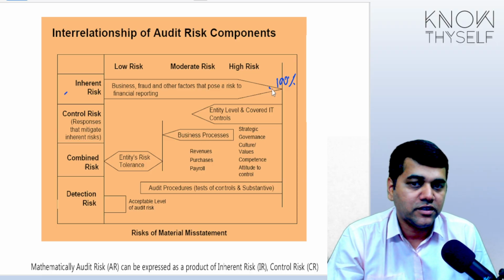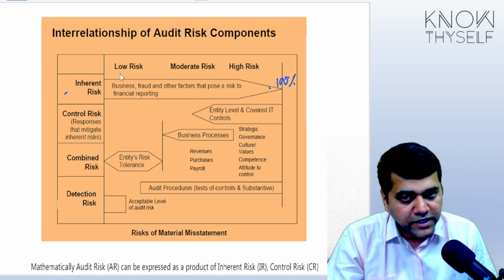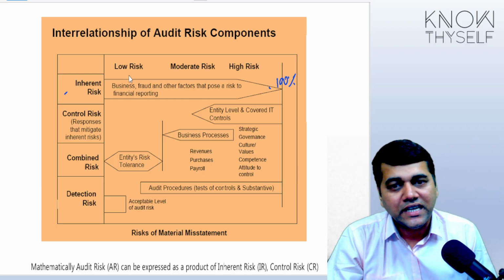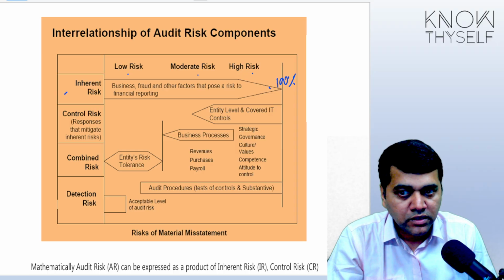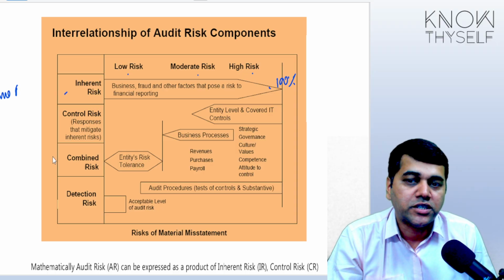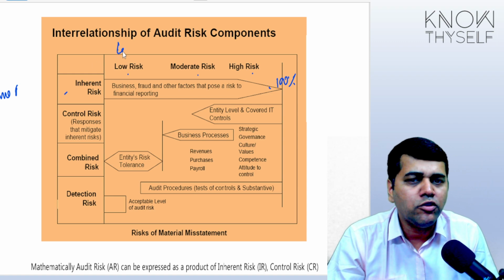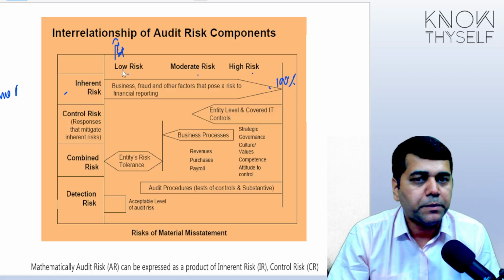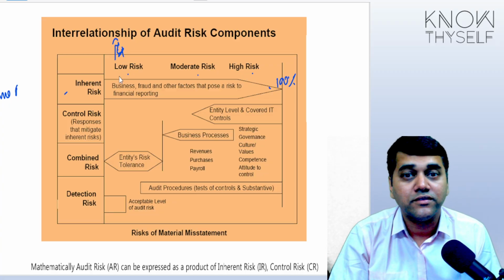That means this is the risk an organization is facing. So every risk will have a category: either a low risk, moderate risk, or a high risk. For example, in audit, time management in the examination: is it a low level risk or a high level risk? We say time management is low. But if I take an FR paper, is time management a high risk or low risk? Sir, it is a very high risk.